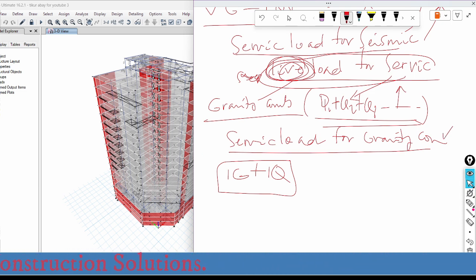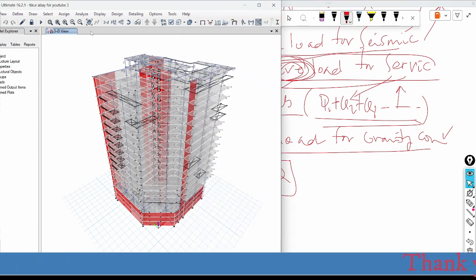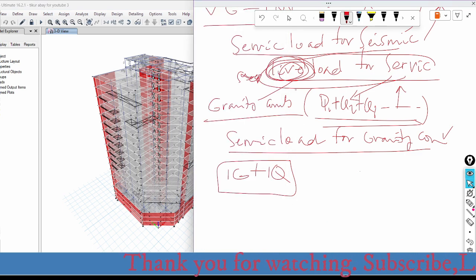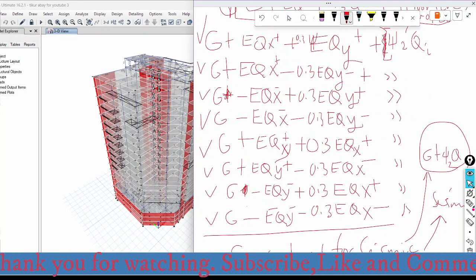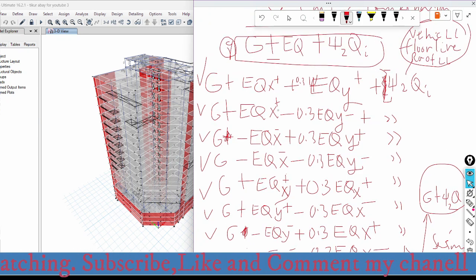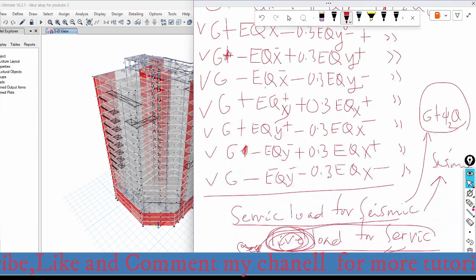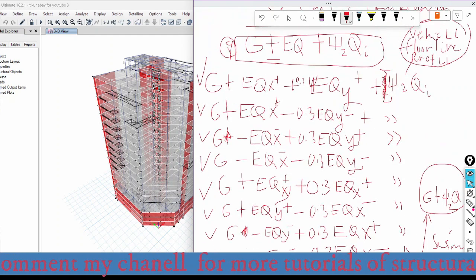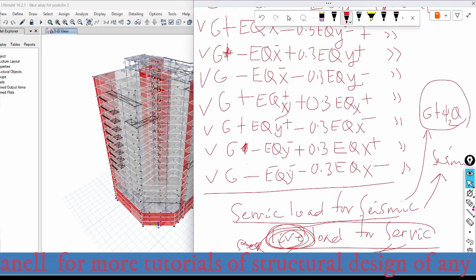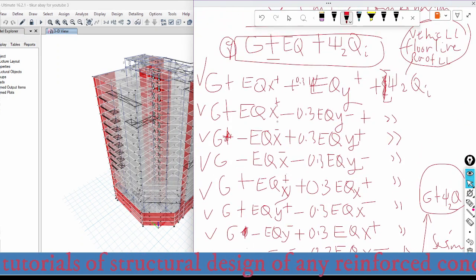Now let me show you one by one in the model. So now let me say something about also the response spectrum here. This is for the linear static case, and for a response spectrum, the procedures are similar to what we are following during the load combinations in the case of linear static.